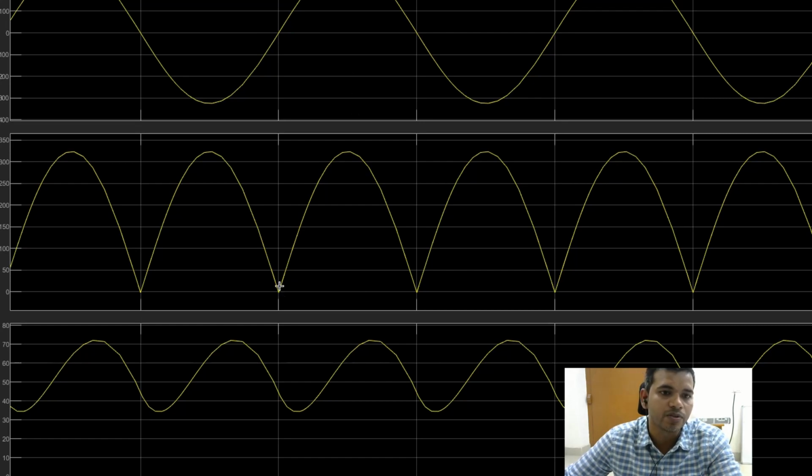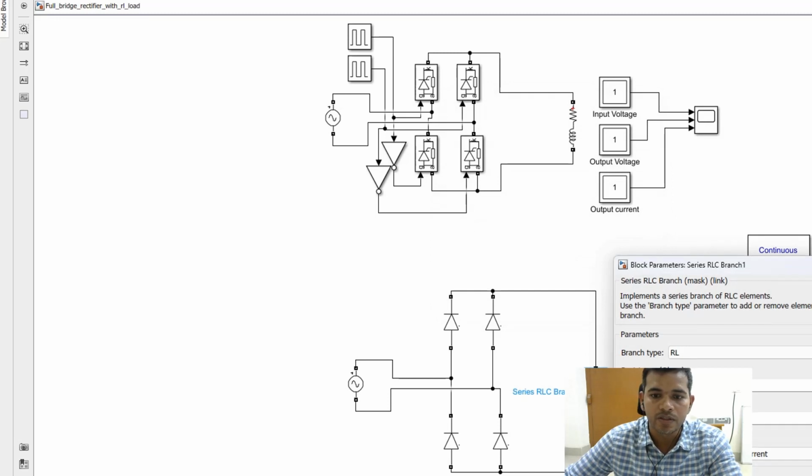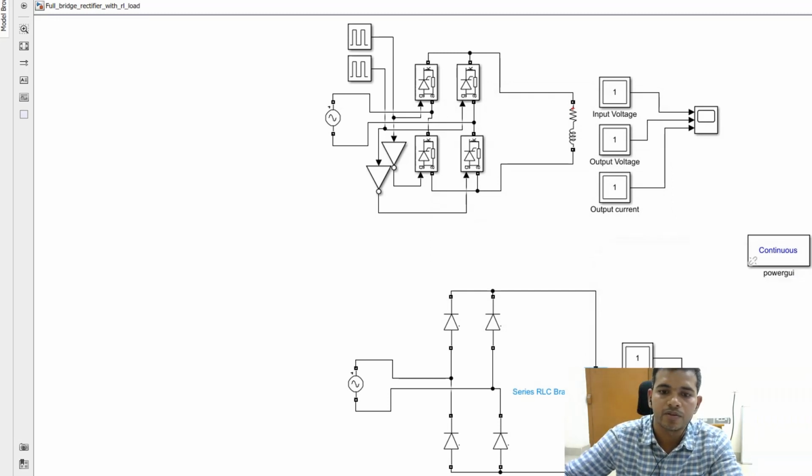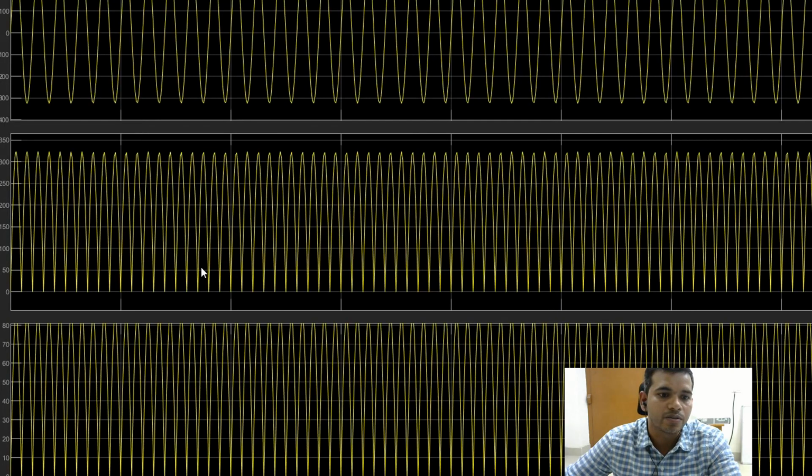We start at 0 to pi only, and the current will be continuous. If you decrease this inductance, then it will go into discontinuous conduction.